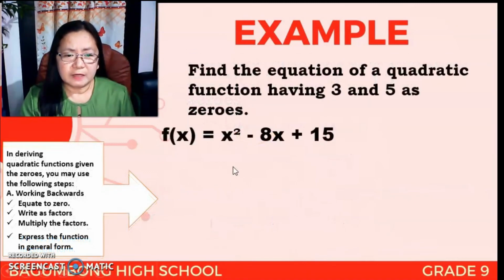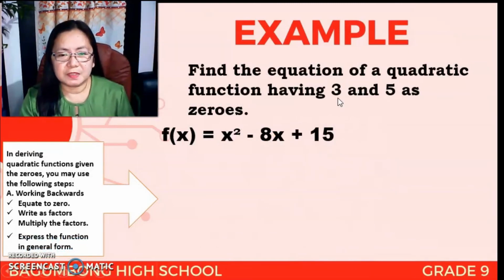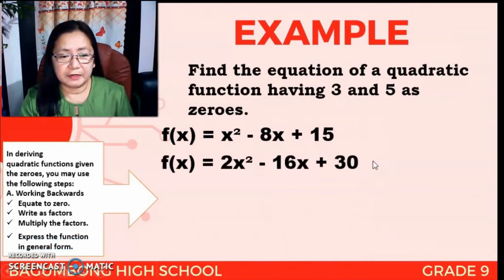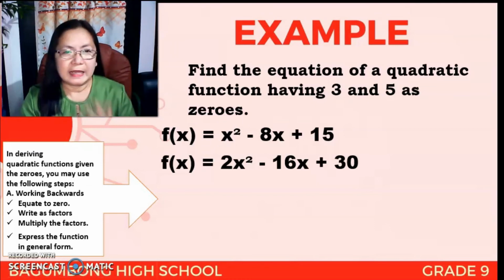So, aside from this equation, other quadratic functions whose zeros are 3 and 5 are f of x is equal to 2x squared minus 16x plus 30. We simply multiply the right-hand side of this equation by 2 or any non-zero digit.